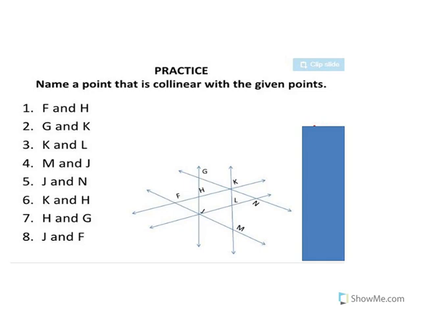Okay, so here is the practice. You see that you name a point that is collinear with the given 2 points. So for number 1, we have F and H. Then the answer would be K, right?